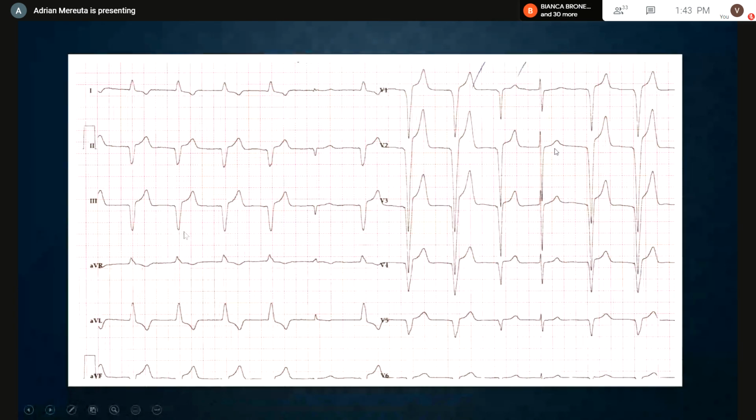And because of this, sometimes a stimulated beat can come at the same moment as a normal beat and produce a fusion beat. This fusion beat is something between the wide QRS complex and the narrow QRS complex.